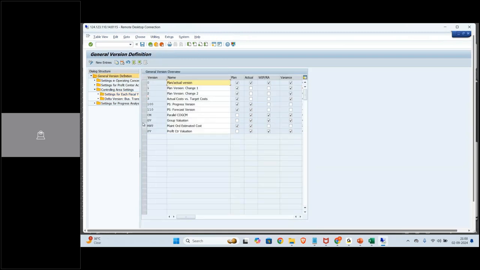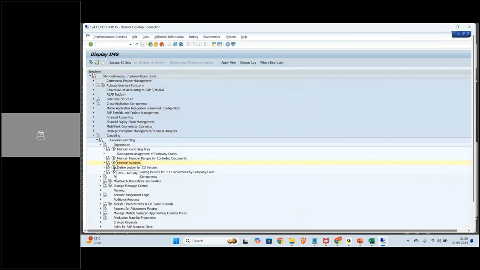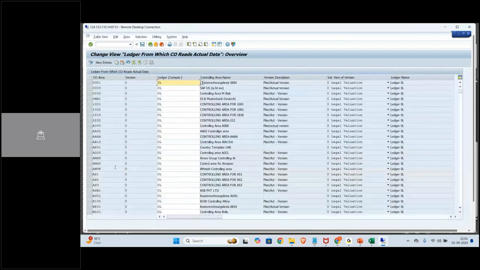Now, these versions that you see, GV, PV, more than one version, come in multi-valuation. Now look here, define ledger for CO version. In ledger B100, I have version 0, and against one version I can assign only one ledger.